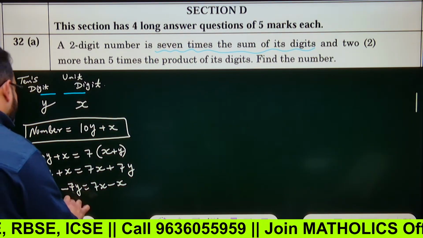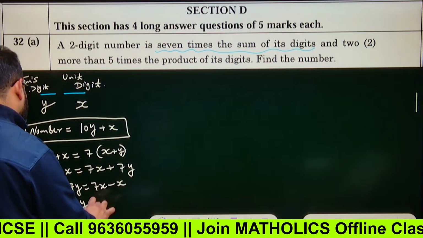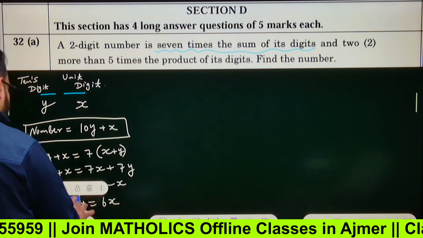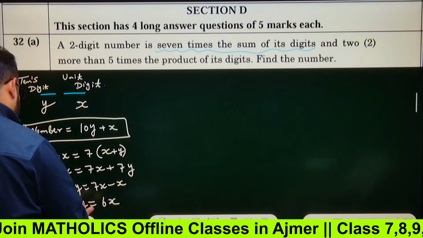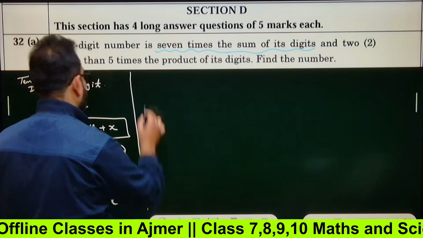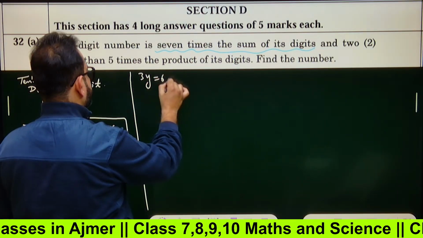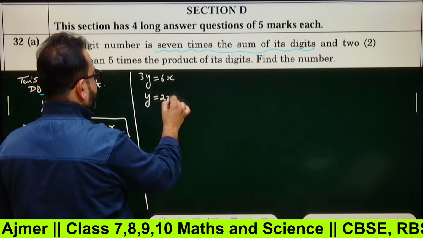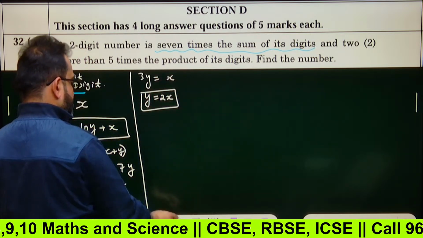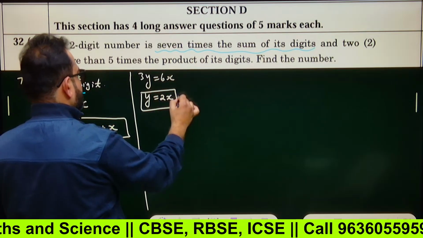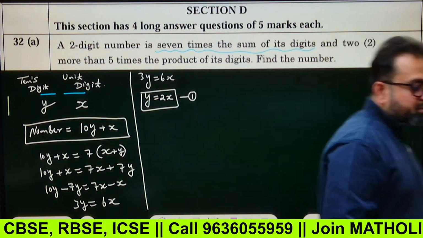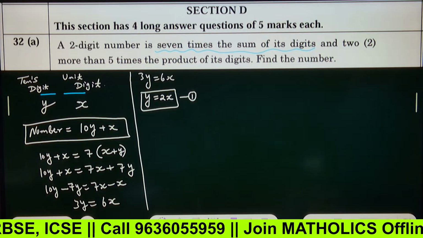So 10y minus 7y is 3y, and that equals 6x. 3y equals 6x means y equals 2x. Got this point? Yes or no? y is equal to 2x. This is the relation, equation number 1 we have got. Let's see what the second equation says.